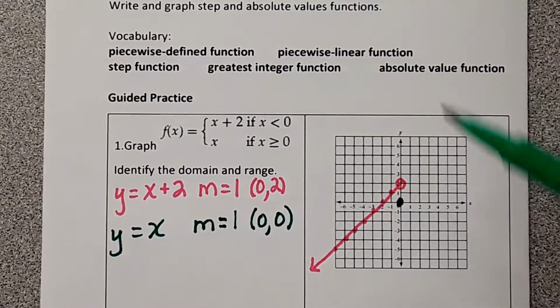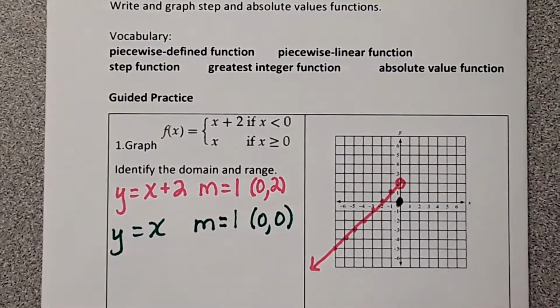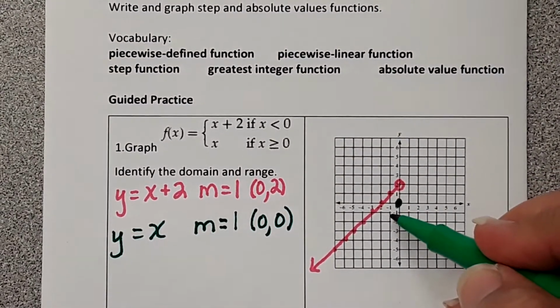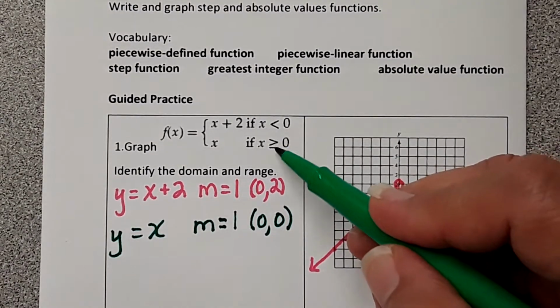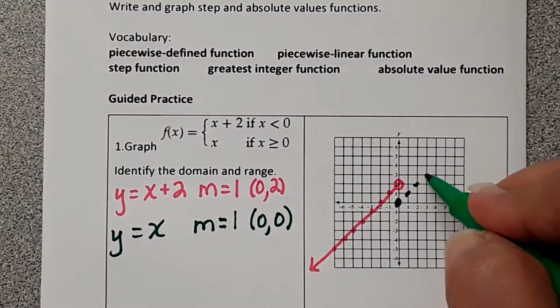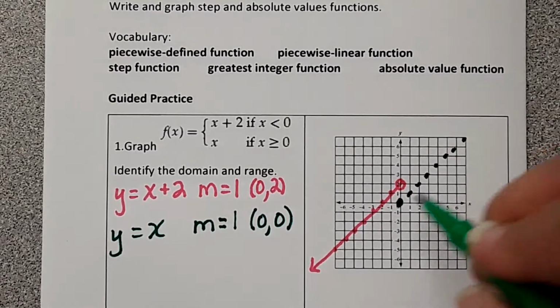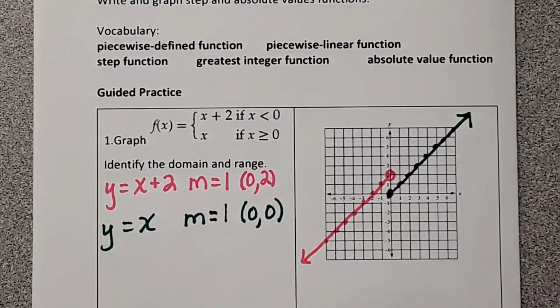Our slope is 1, and we only want the piece of the line where x is greater than or equal to 0. If I went down 1 over 1, my x's would be less than 0. I made it a dot because it says greater than or equal to, and now I'm going to go up 1 over 1. You guys, it's really important that when you draw your lines, you actually go outside of the graph. Don't just stop in the graph, because remember, a line goes on forever.